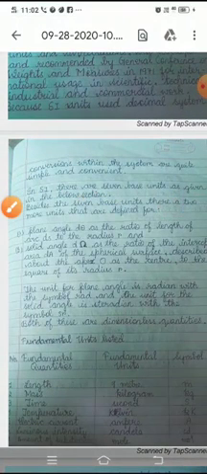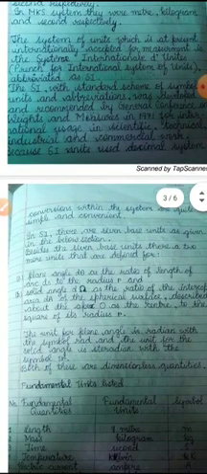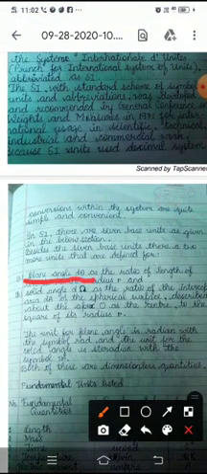Besides the seven base units, there are 2 more units that are defined. First is the plane angle, called d theta.